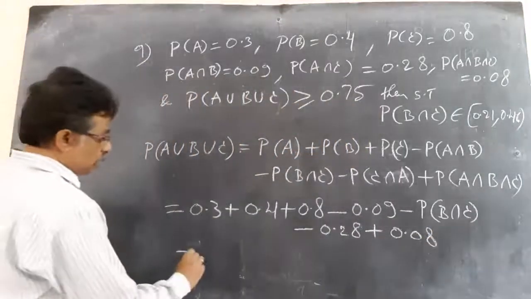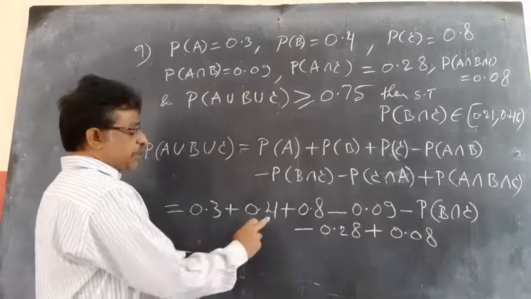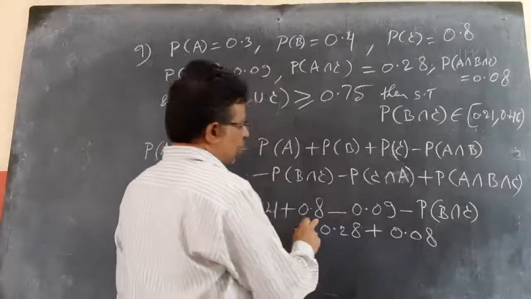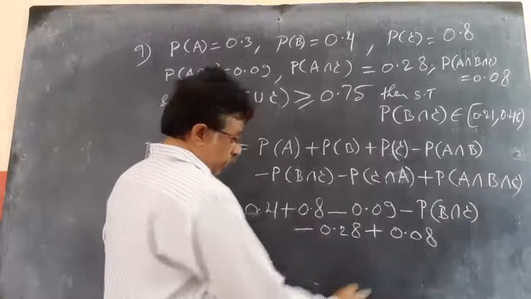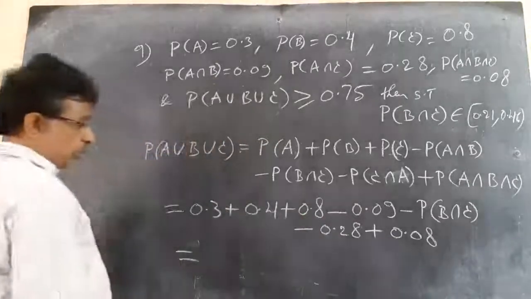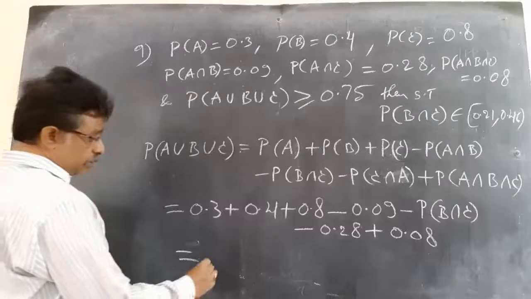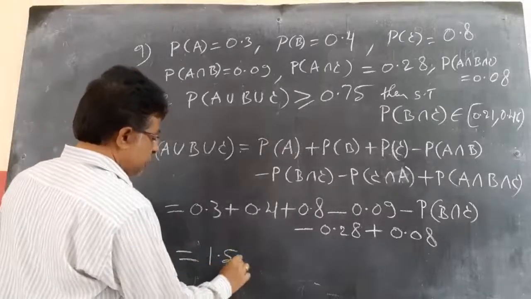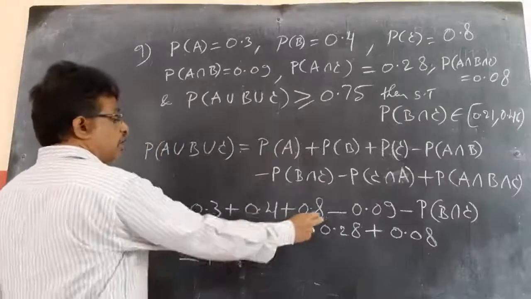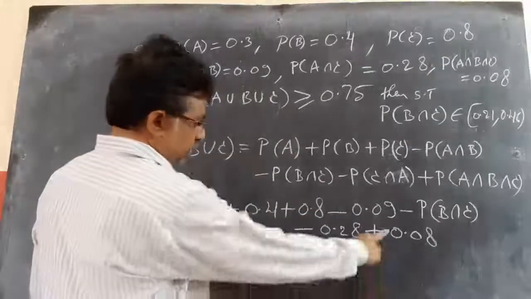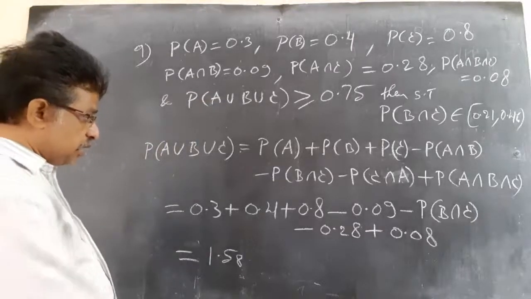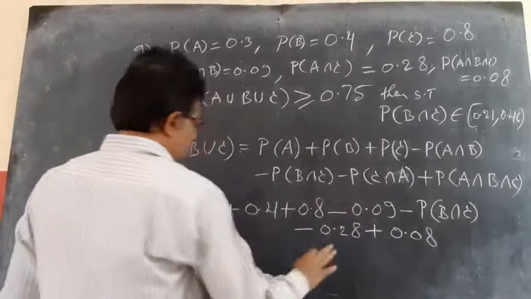So this is equal to 0.3 plus 0.4, 0.7, plus 0.8, 1.5, plus 0.08, so 1.58. Sorry. No. Next.